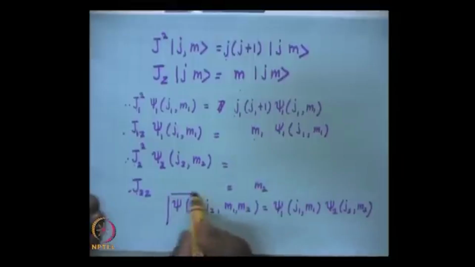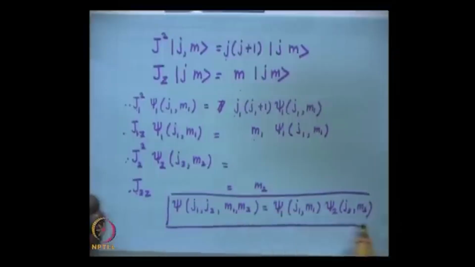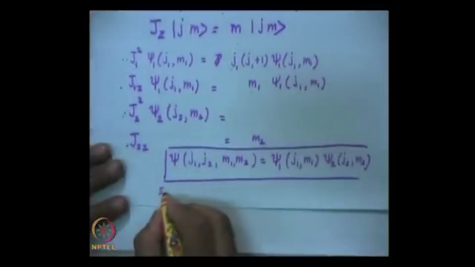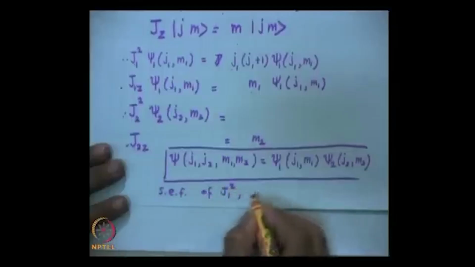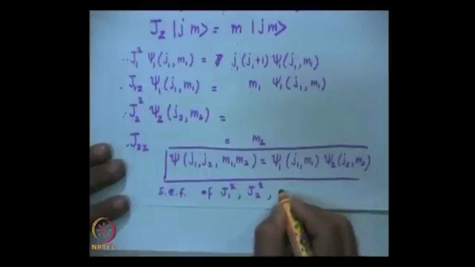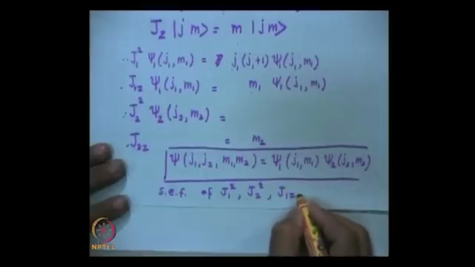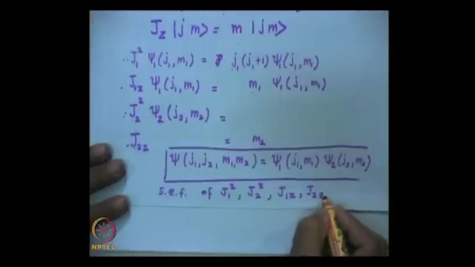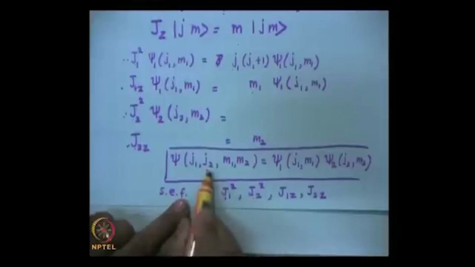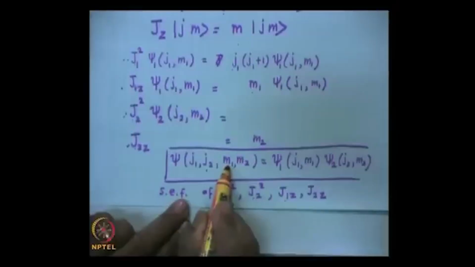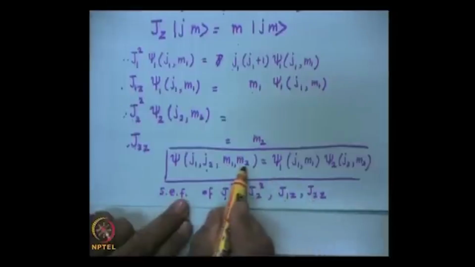So, these are simultaneous eigenfunctions of J1 square, J2 square, J1z and J2z. This represents the eigenvalue of J1 square, that is J1 into J1 plus 1. This represents the eigenvalue of J2 square, J2 into J2 plus 1. Eigenvalues of J1z is M1 h cross and eigenvalues of J2z are M2.